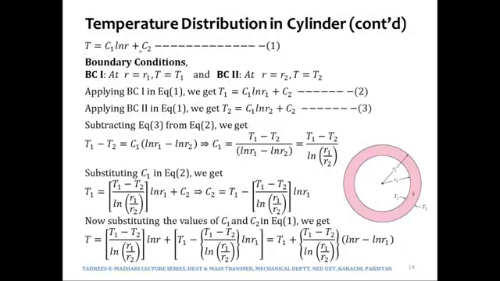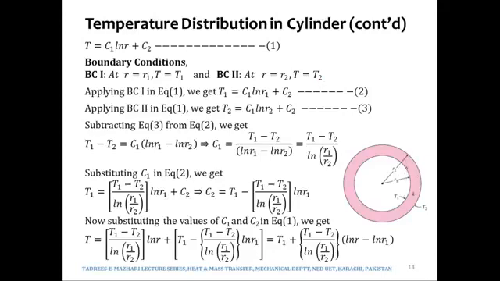So this is the equation that we have come up with, and boundary conditions are that at r = r1 or at r = ri, T = T1 or T = Ti. And the second boundary condition is that at r = r2, which may be written as r0, the temperature has the value of T2 or T0.